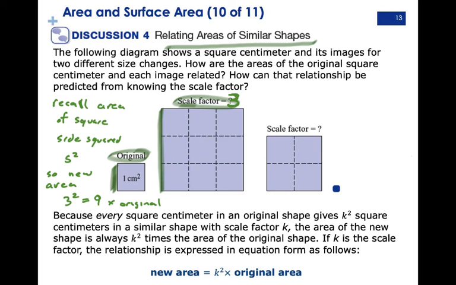And we could generalize this more into saying k squared. So whatever the scale factor is, k, in order to get area, which is squared, because if we talk about area in this case, this would be 9, not just centimeters, but centimeters squared. So we would have that squared factor there.